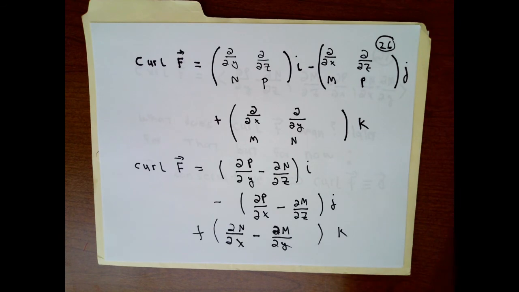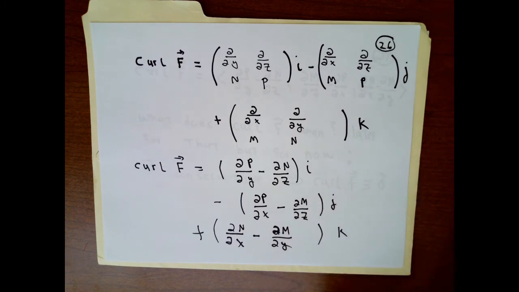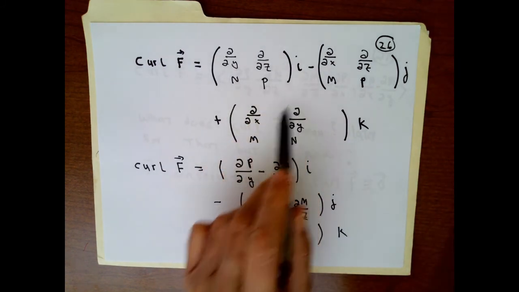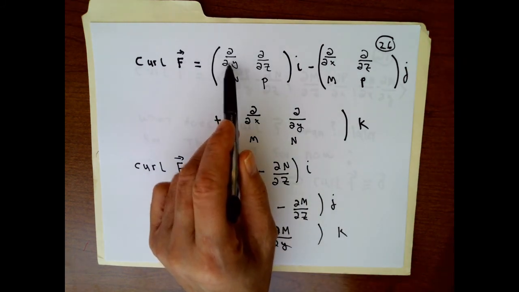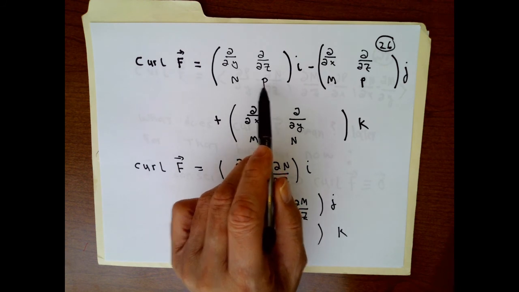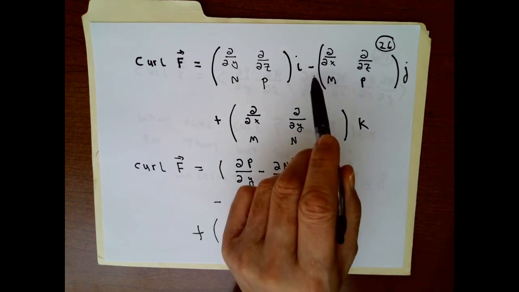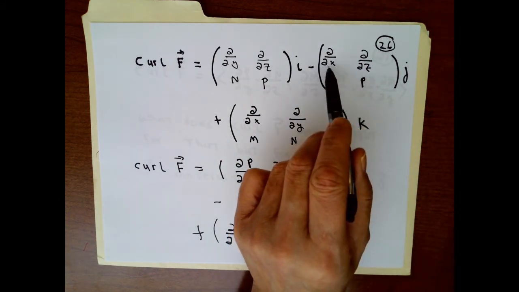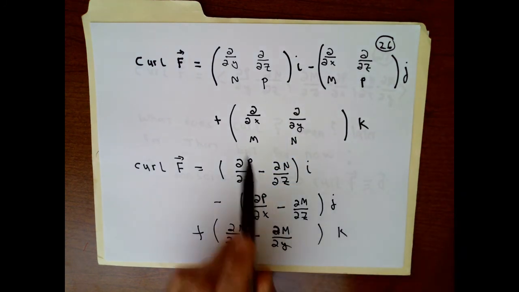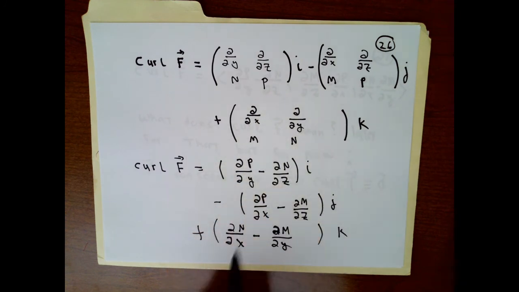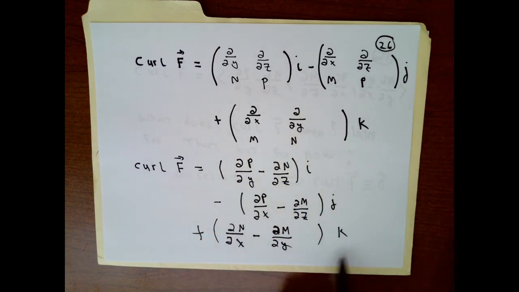By which I mean, after you've gone across the first row and split up into i, j, and k, when it comes time to do this first determinant, it's going to be the derivative with respect to y of p minus the derivative with respect to z of n, minus partial of p with respect to x minus partial of m with respect to z, plus partial with respect to x of n minus partial with respect to y of m, k.